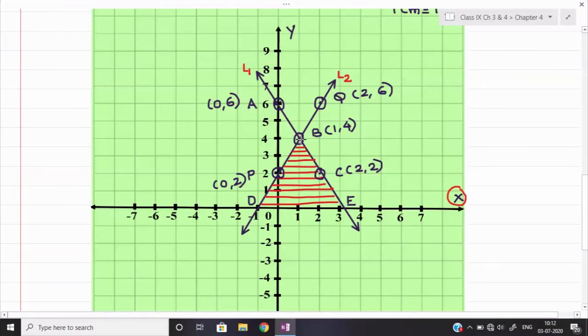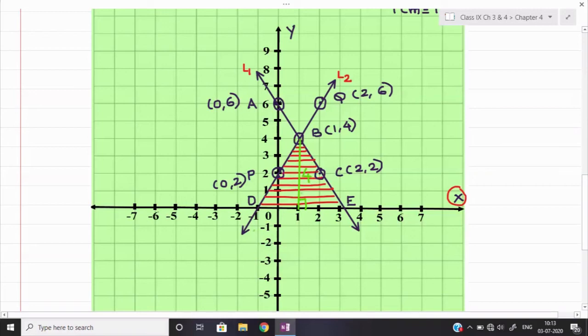Observe, from the point (1, 4) I will draw one particular line. Okay, on 1. Observe carefully. If I draw this line, it will definitely be perpendicular to the x-axis, and we can say that this is our perpendicular, and its length would be 4 units, because you observe it is going till 4.